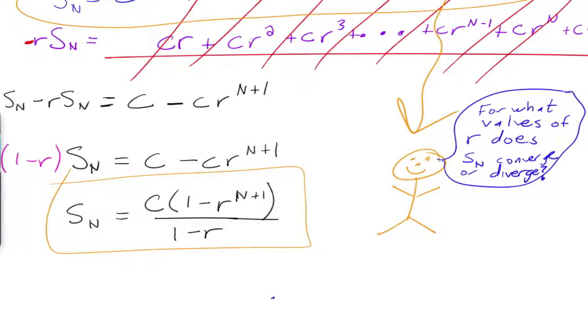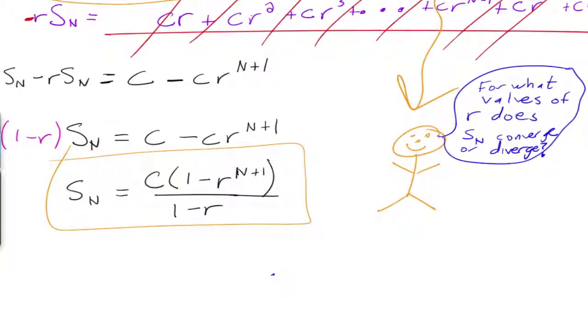So let me ask you this. Since we're brainstorming, we love brainstorming. Let's say, for example, r is equal to 2. What would happen as n goes to infinity? What happens to S sub n? Or let me rephrase.